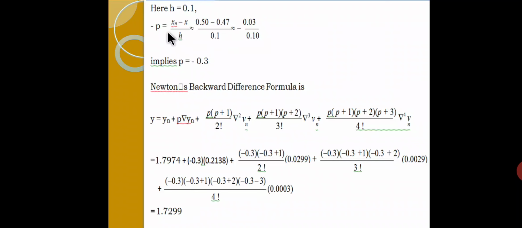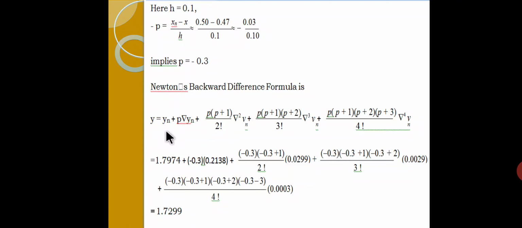So we get the value for p as minus 0.3. So Newton's backward difference formula is y is equal to yn plus p nabla yn plus p into p plus 1 by 2 factorial nabla square yn plus p into p plus 1 into p plus 2 by 3 factorial nabla cube yn plus and so on.